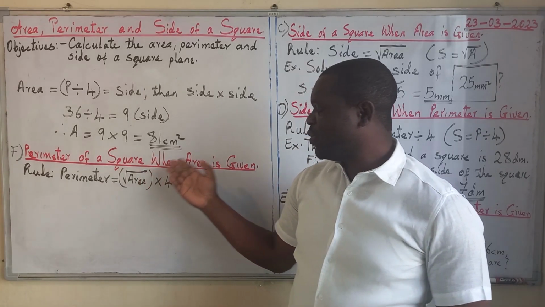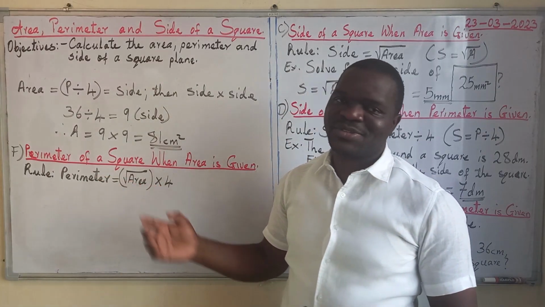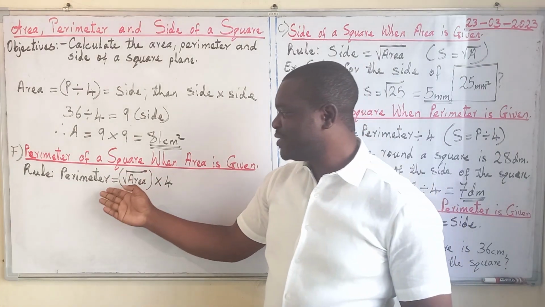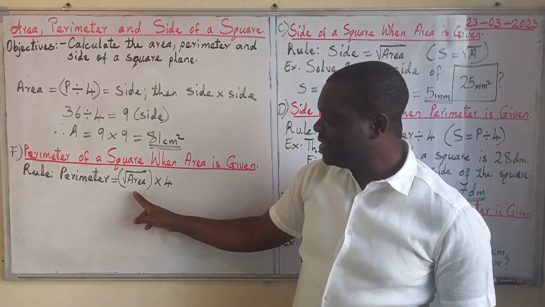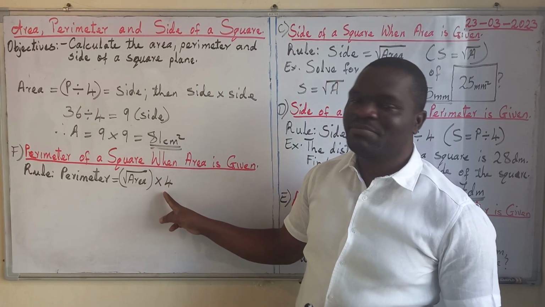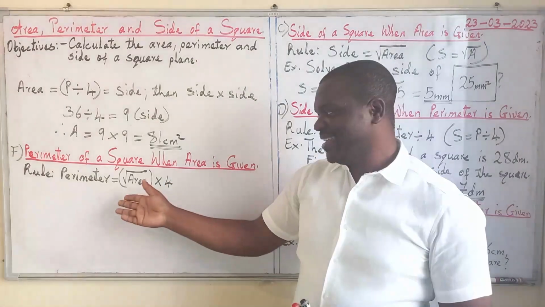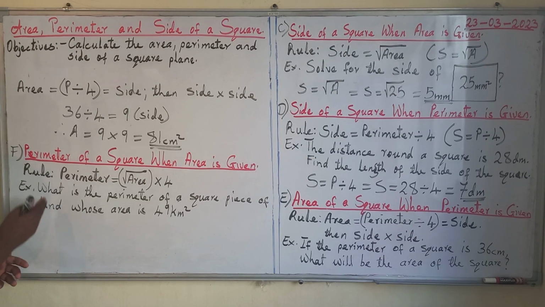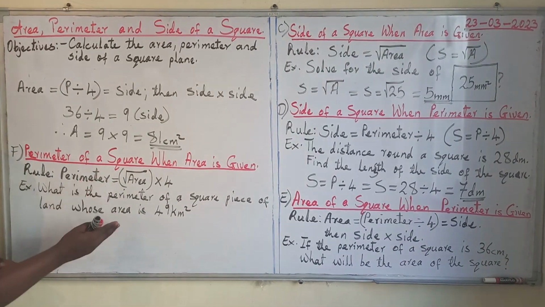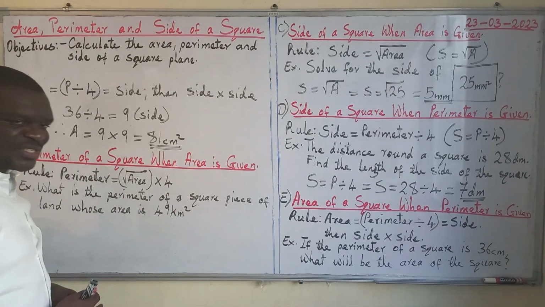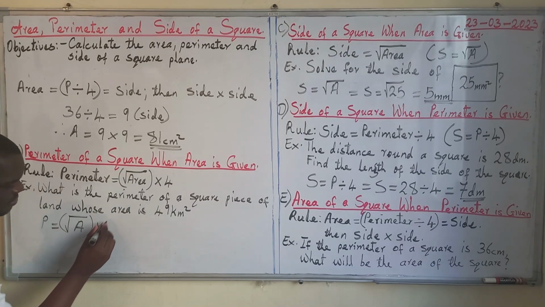Perimeter of a square when the area is given. This is the rule that can guide us into solving this problem. You first of all calculate the square root of the area that is given, then multiply the answer you have by 4 to have the perimeter. Let us apply this in this example. The question says, what is the perimeter of a square piece of land whose area is 49 kilometers squared? Perimeter is square root of area times 4.